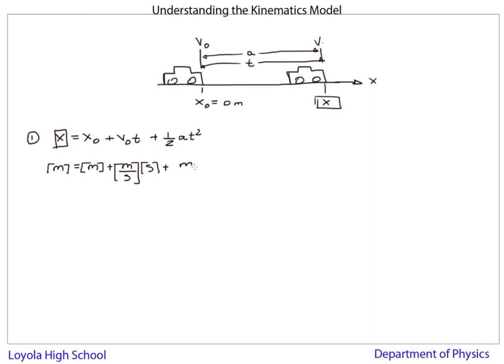Acceleration is meters per second squared. And time is time squared, so it's second squared. So if I look at this with units, a meter equals a meter plus a meter plus a meter. So this equation is dimensionally correct.